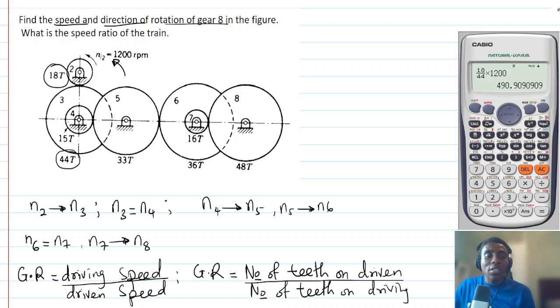Now, interestingly, gear 3 and gear 4 are connected to the same shaft, so 3 and 4 will see the same speed. It's like you and someone else in the same car. When the car begins to move, you all see the same speed. So that's essentially what's going on.